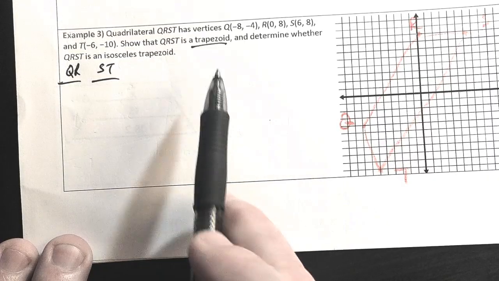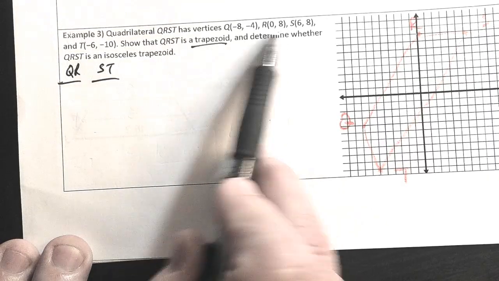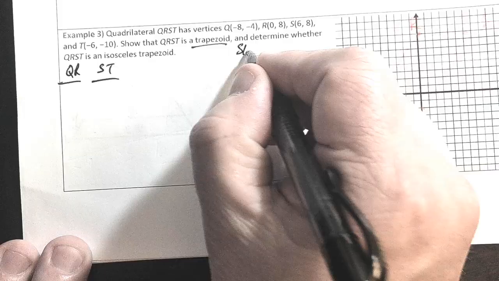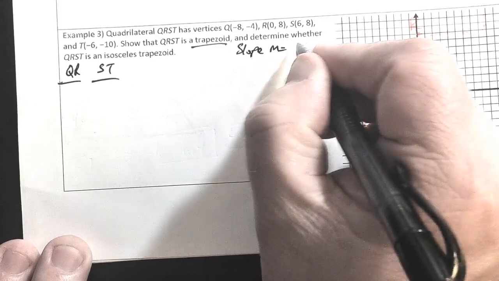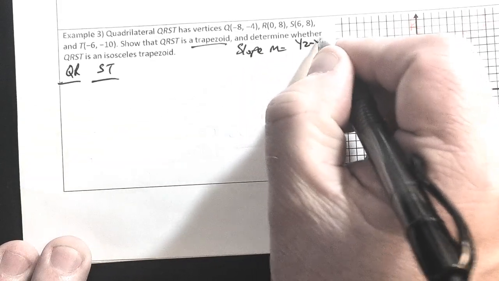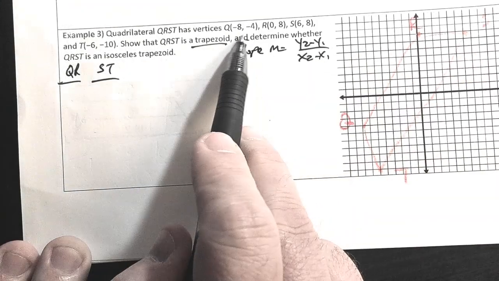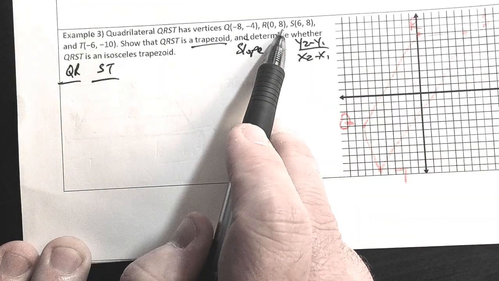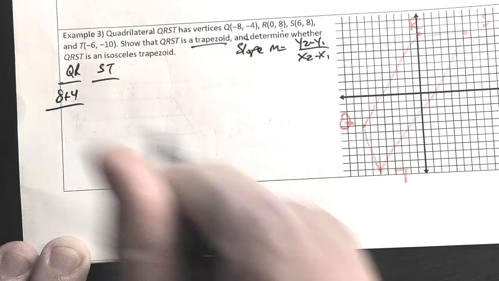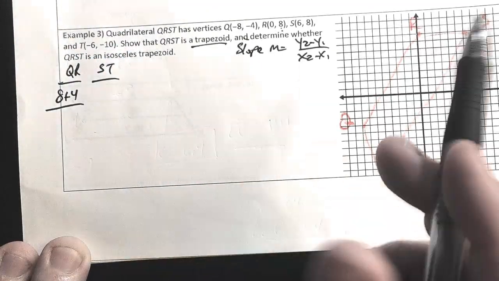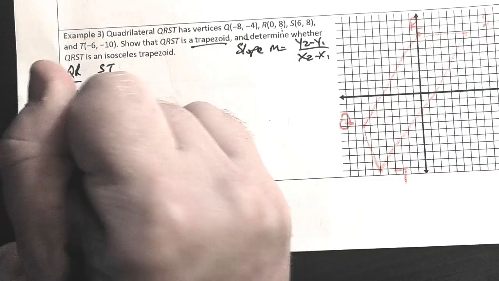Slope QR, so y's over x's, so slope is m equals rise over run, or y sub 2 minus y sub 1 over x sub 2 minus x sub 1. So QR, we got our y's is 8 minus negative 4, or 8 plus 4, over x is 0 minus negative 8, or 0 plus 8.